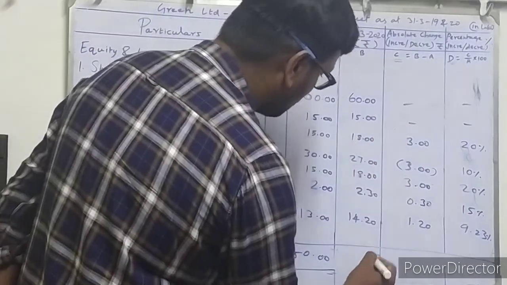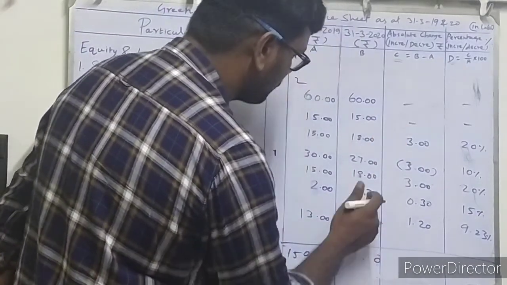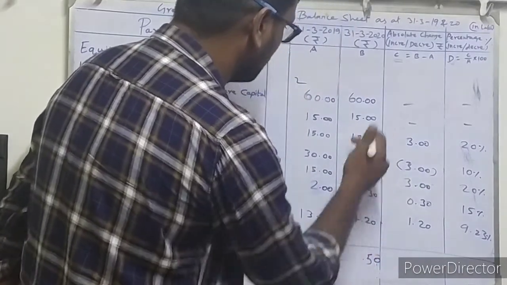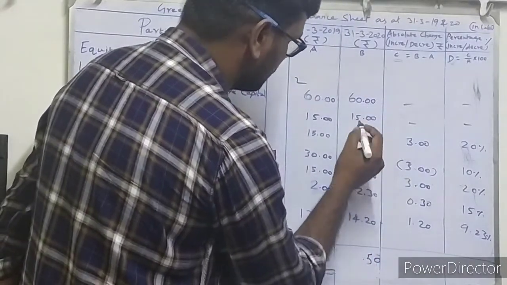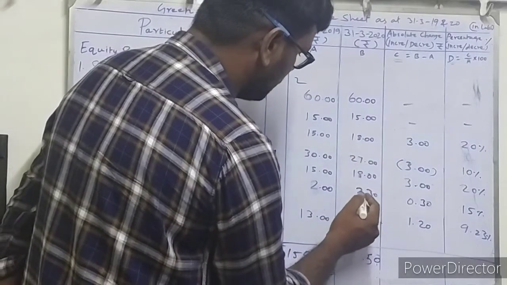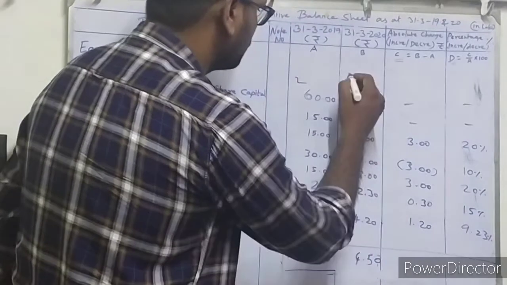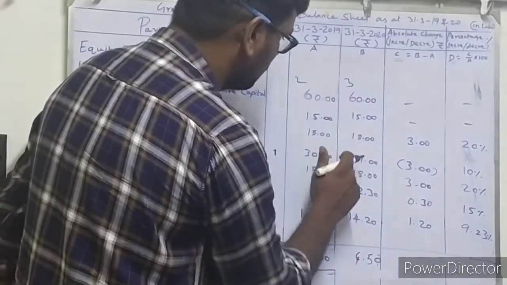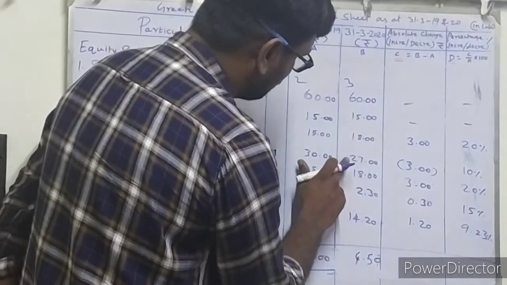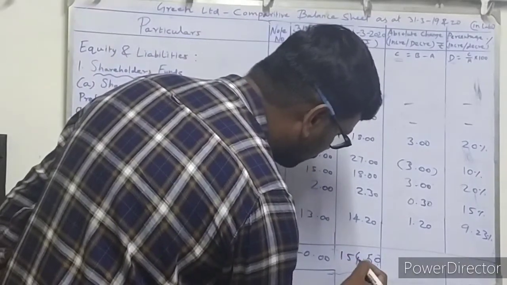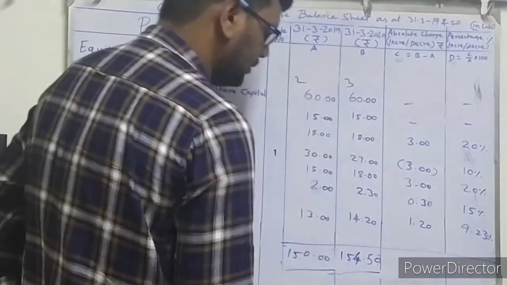And check it out here. Add everything. 0, 50 and nothing is there, so 50 only. And 5 plus 8, 13, 20, 28, 30, 34. 4, 3, 10, 11, 13, 14, 15. 1 crore and 54 lakhs and 50,000 rupees.